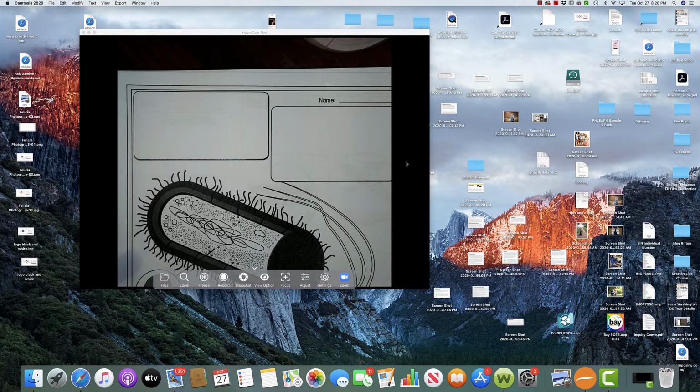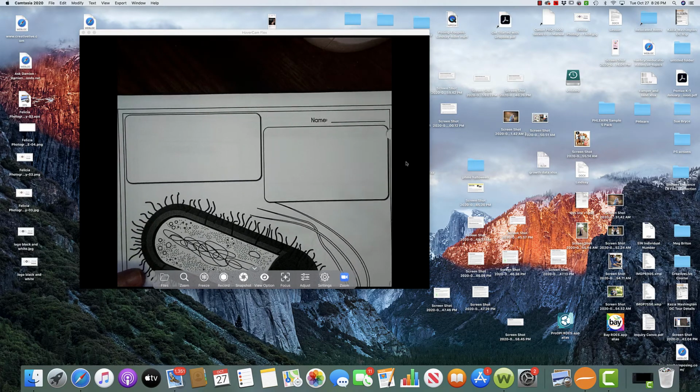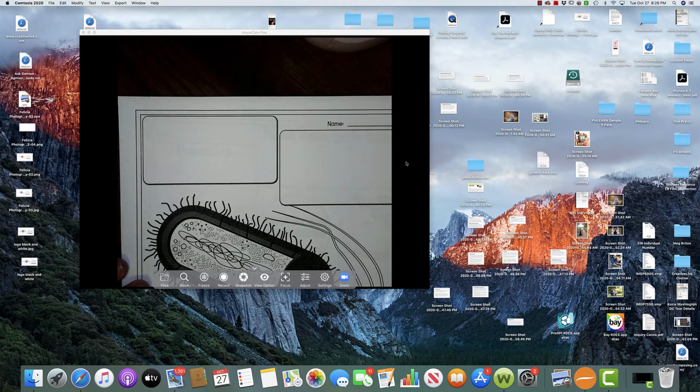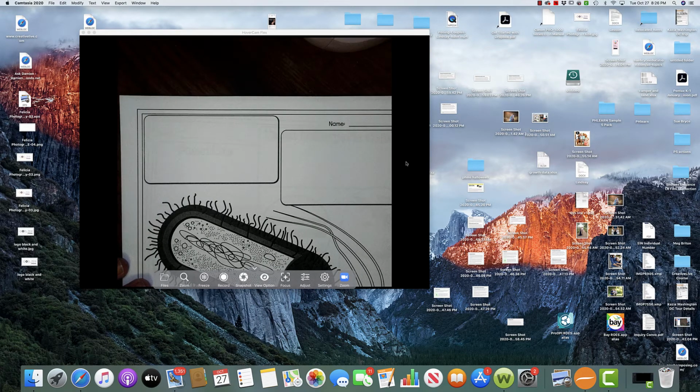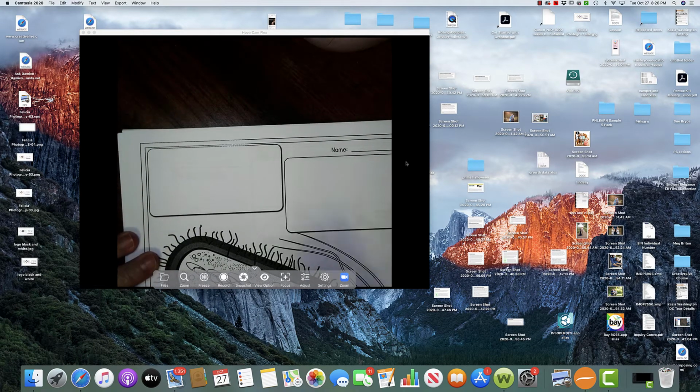Okay, so the first thing that we're just going to hit upon is the fact that bacteria are unicellular, meaning it's only one cell for the entire living organism, and that bacteria are often used as the example of prokaryotic cells.